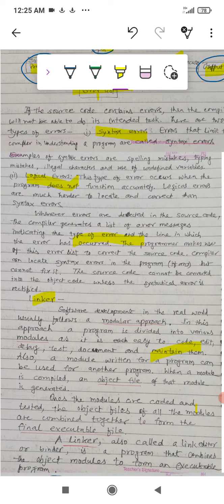A module for a program can be used for another program. When a module is compiled, an object file of that module is generated.